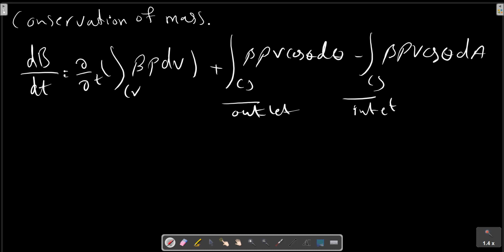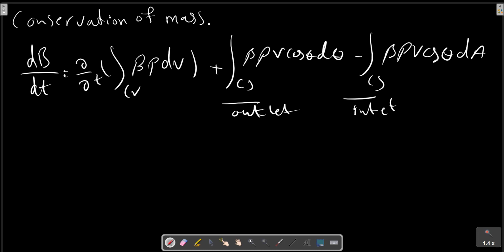Both system derivatives are related to the basic laws of mechanics, which were described before. Eliminating the system derivative between the two gives the control volume, or integral, form of the laws of mechanics of fluids.